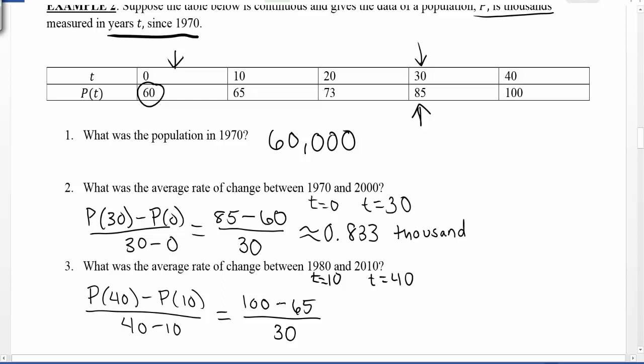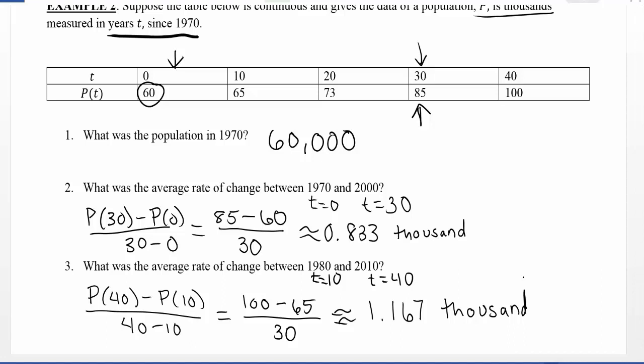So again, we're going to crunch that number, and we're going to get 1.167 approximately, and that's in thousands. So 1.167 thousand per year is what our population is changing on average between 1980 and 2010.